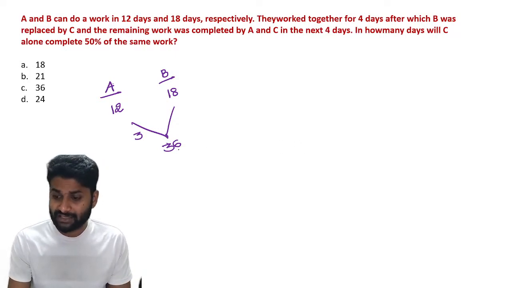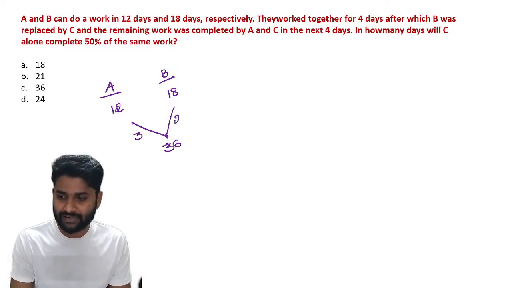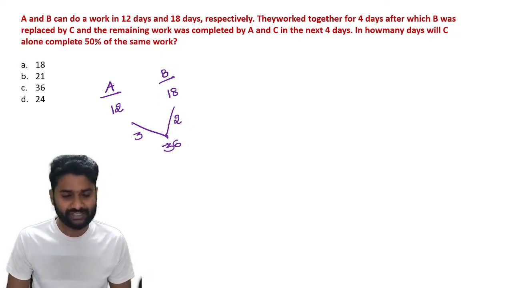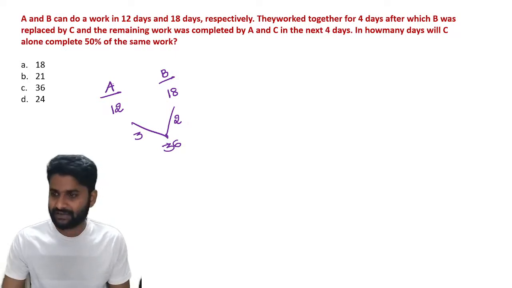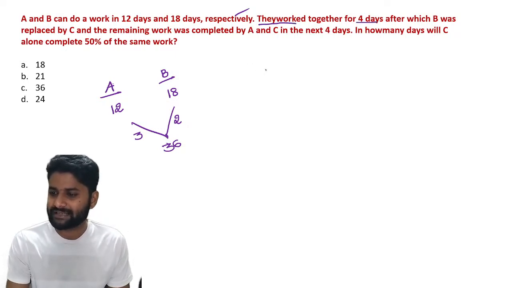In the same way, 36 units of work is completed by B in 18 days. So here the efficiency of B is 2 units. Now we got the efficiency. We are done with the first point. Next, they clearly mention that A and B worked together for 4 days.